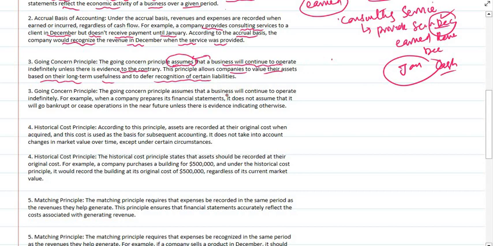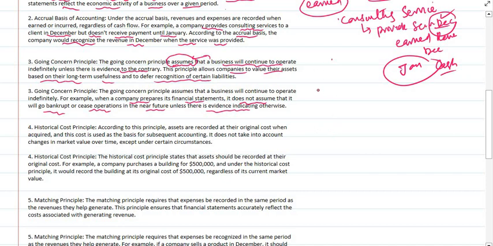The going concern principle assumes that a business will continue to operate indefinitely. For example, when a company prepares its financial statements, it doesn't assume that it will go bankrupt or cease operations in the near future unless there is evidence indicating otherwise.